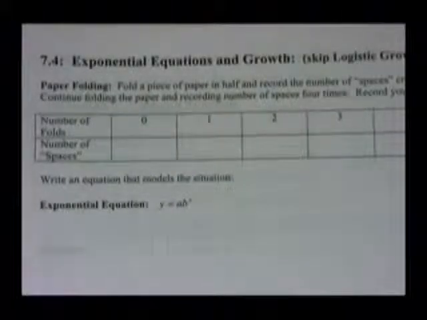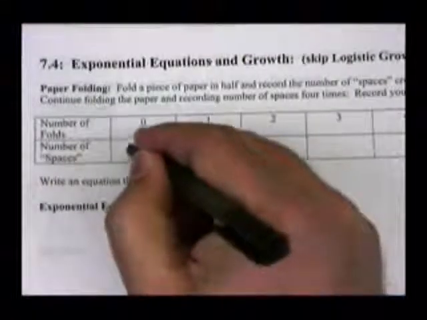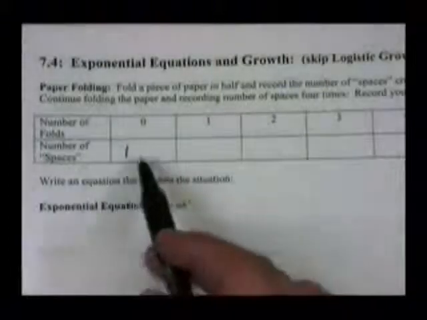All right, so you can go ahead and fold your paper. Our results. When I had no folds on my paper, there was only 1 space, the whole paper. When I had 1 fold, that was 2 spaces, the one on the left and the one on the right.